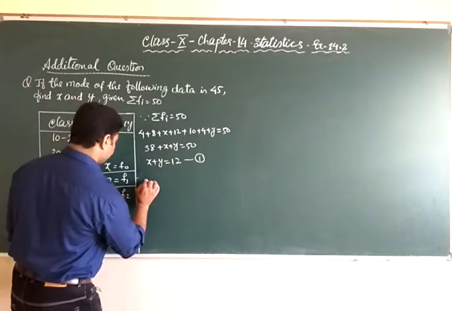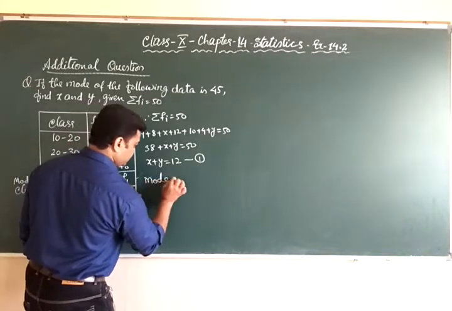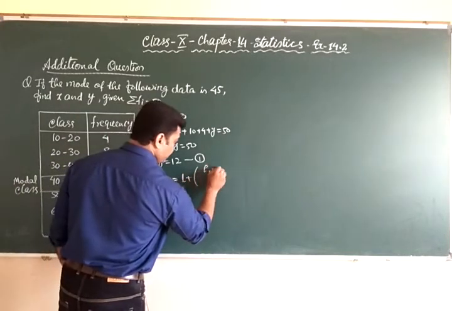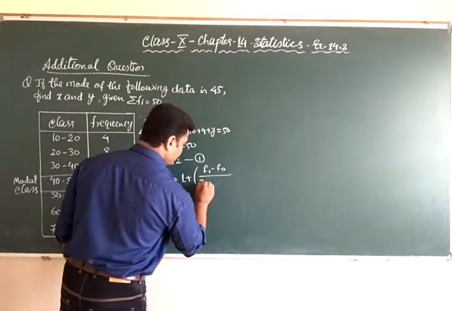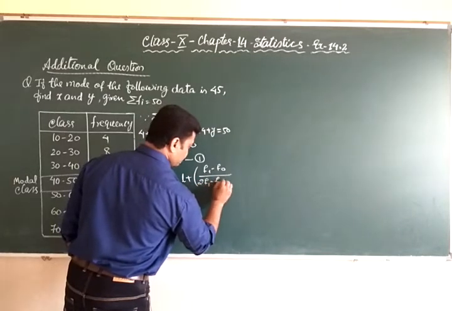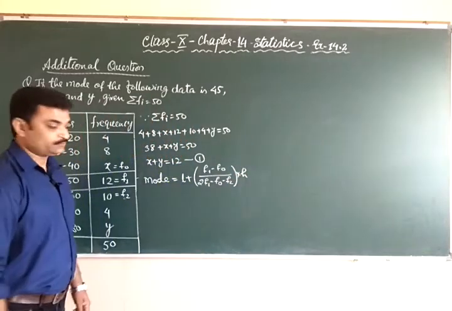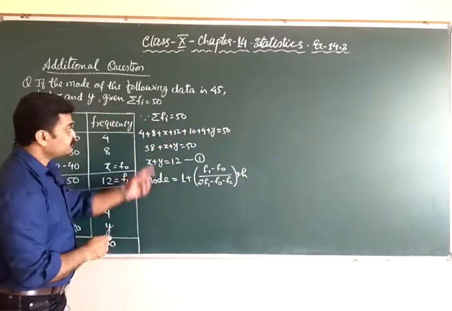Now mode is equal to L plus (f1 minus f0) upon (2f1 minus f0 minus f2) into h. Mode is also given, that is 45.